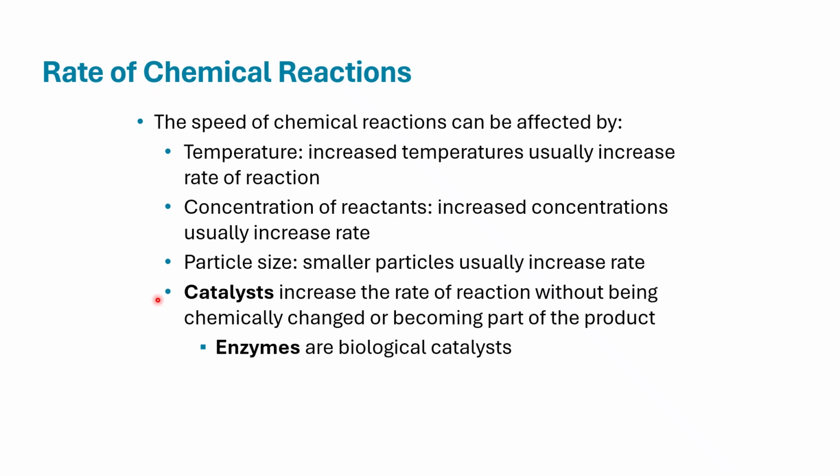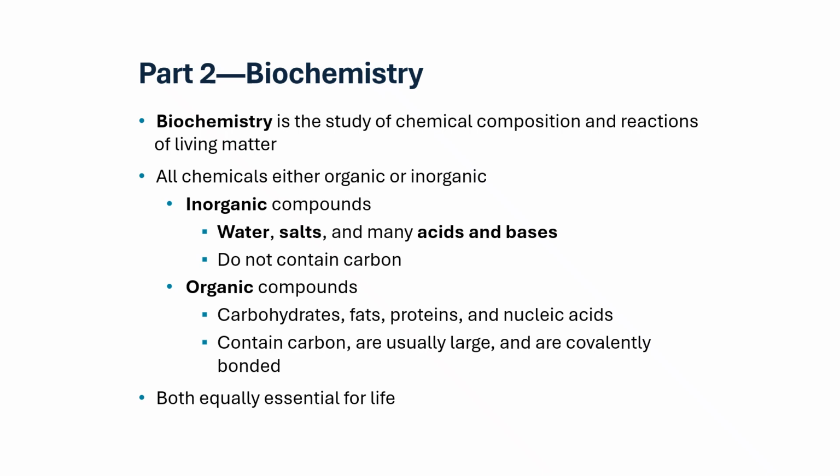And then we have catalysts. These increase the rate without being chemically changed or becoming part of the product. So enzymes are our catalysts in our body. Catalysts are like an outside substance that does not become part of the reaction, but it definitely speeds it up. And this is where we'll start on our next lecture.